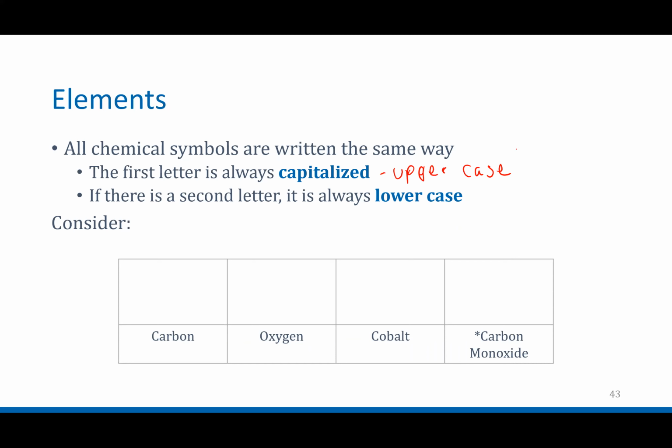And just think of these 4 chemicals on the bottom. And there's a difference between the first 3 and the last one. Carbon, capital C. Oxygen, capital O. Cobalt is capital C, lowercase o.